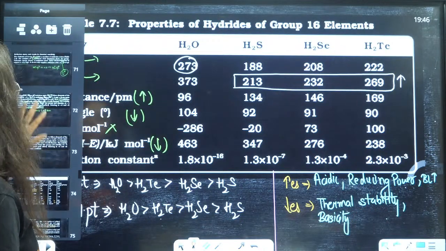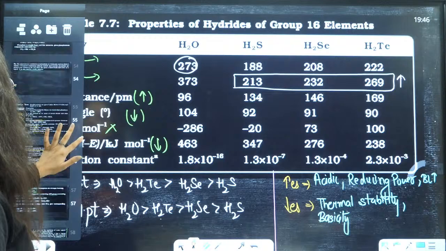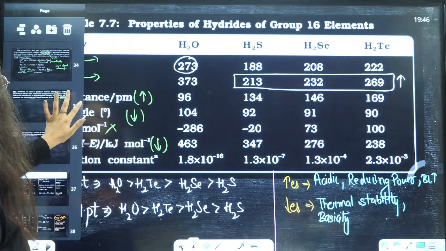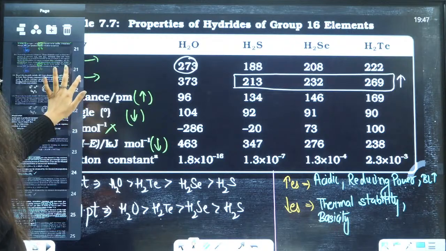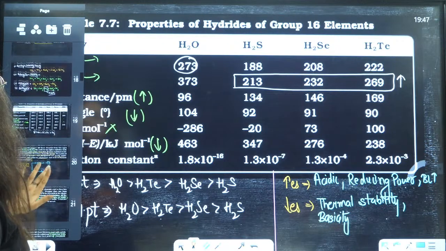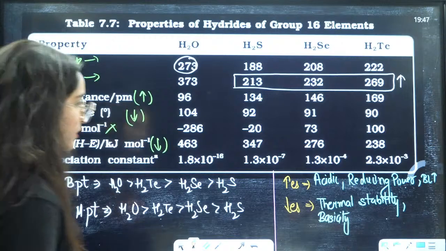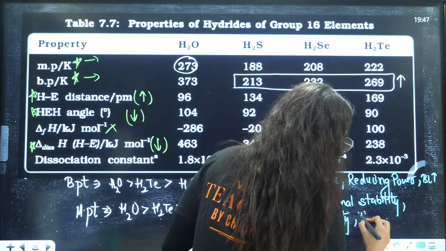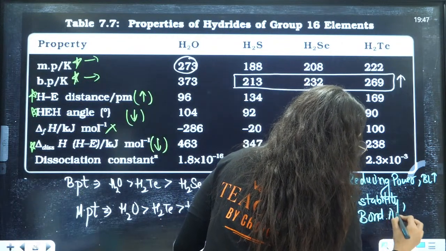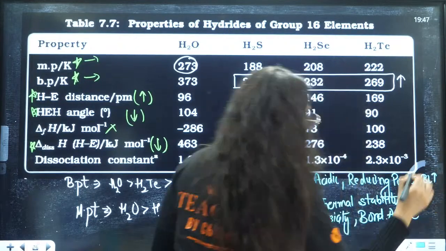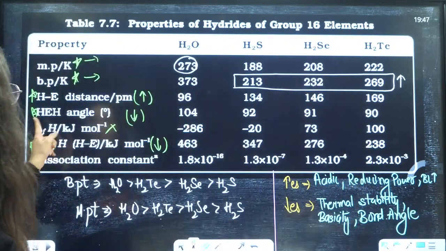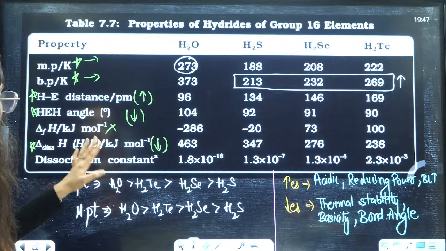There was also one more thing. I must have written it here. Yes, stability, bond angle. The third thing was bond angle. That also decreases down the group. Bond angle is also decreasing.